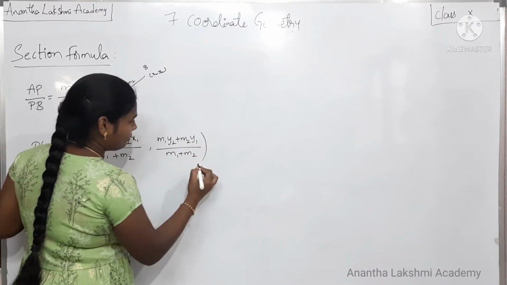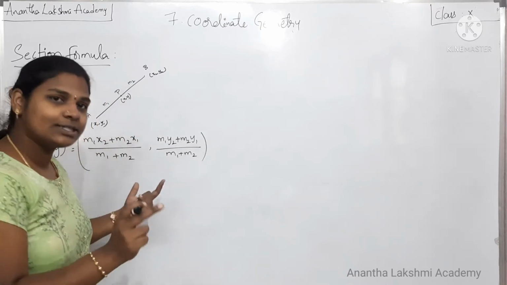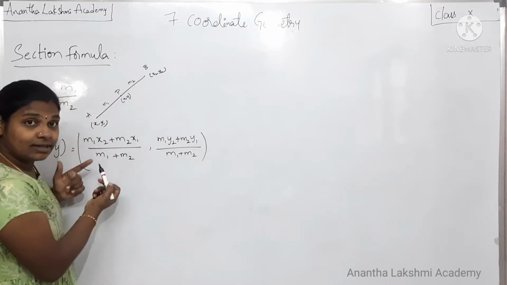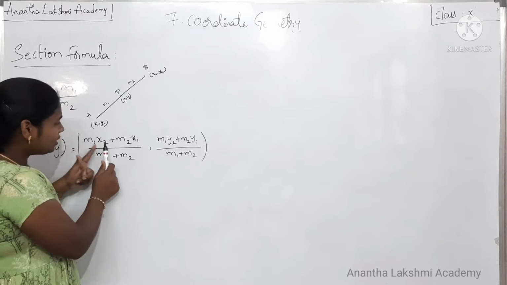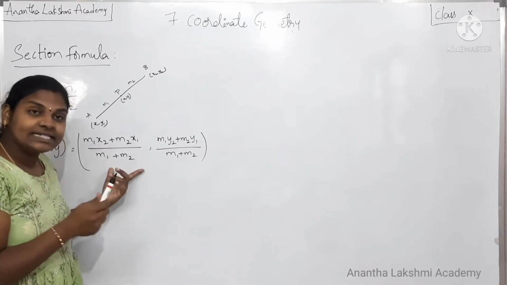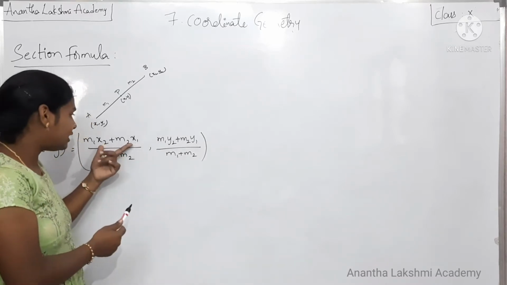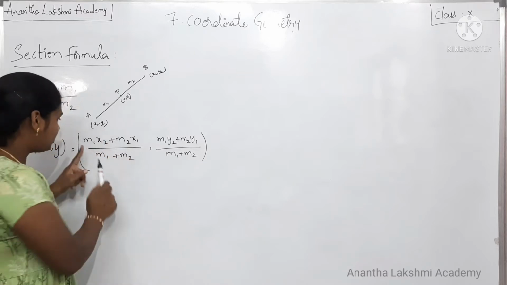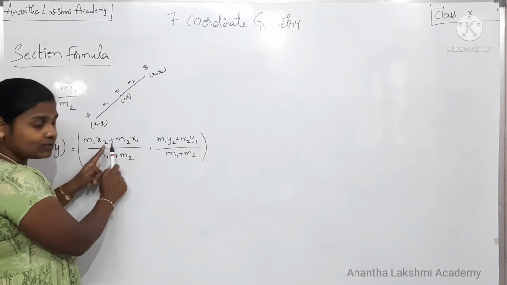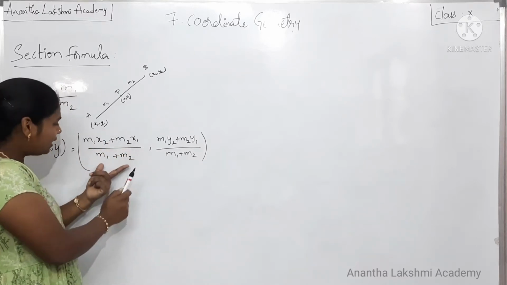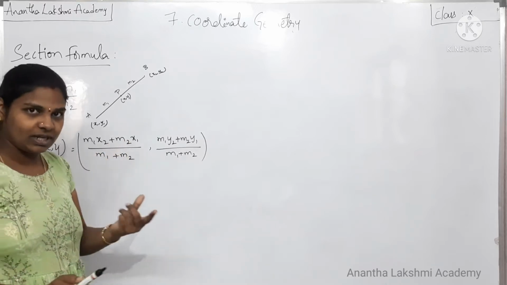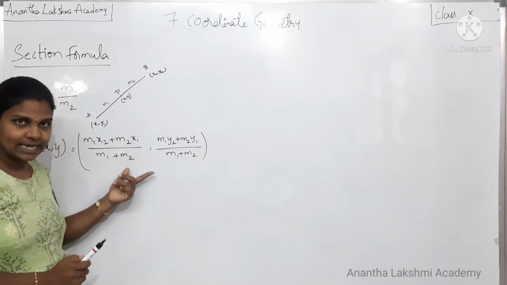Now, do not bother about how to remember this formula. This is quite simple. If you look at the ratio, when the ratio is M1, the coordinate will be x2. Since this is the x coordinate, all the terms are in x itself. So, when it is M1, this is x2. When it is M2, this is x1. And the denominator will be the sum of the ratios, that is nothing but M1 plus M2.